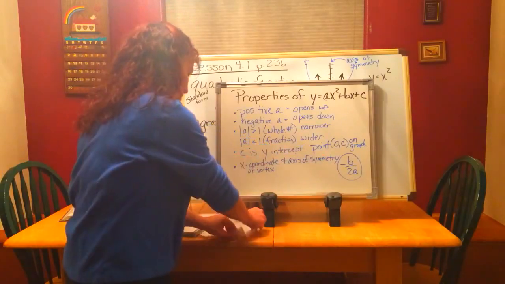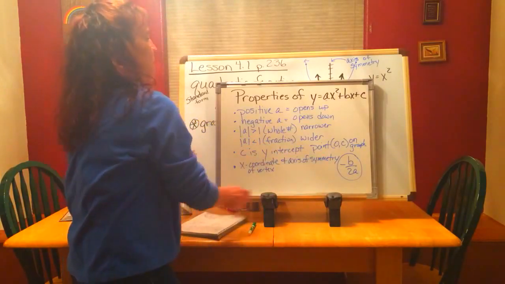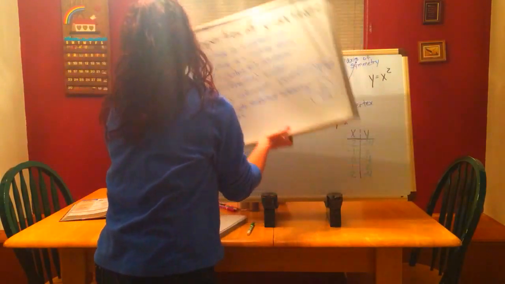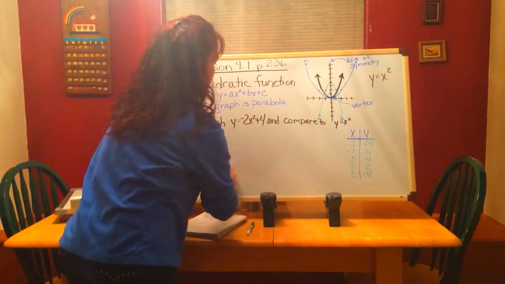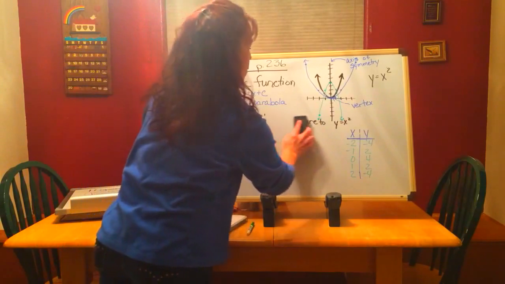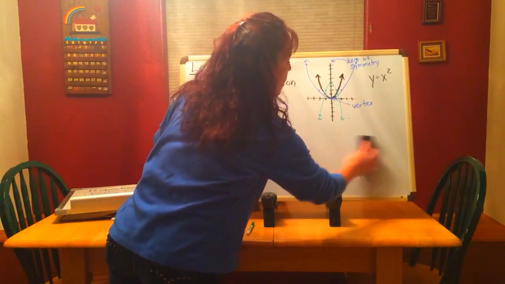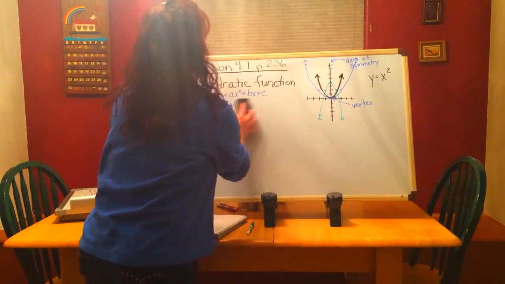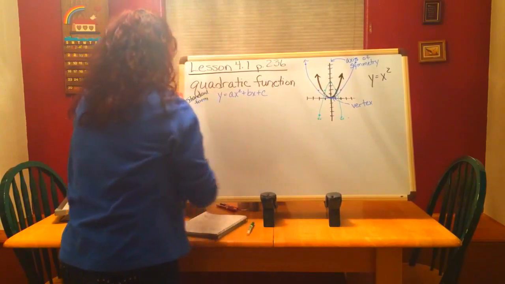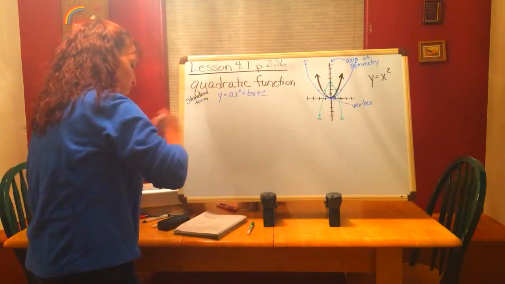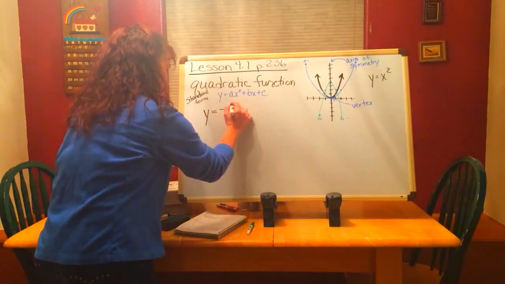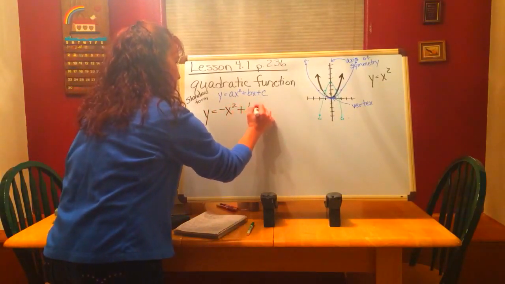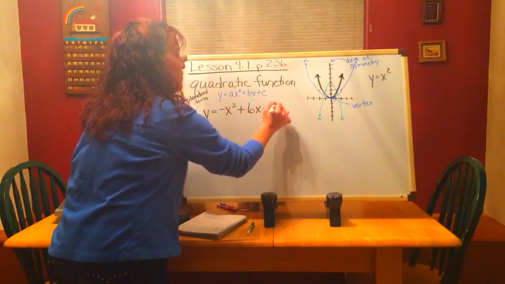So let's do one that has all three, and we'll use those properties this time. All right, so we'll start with y equals negative x squared plus 6x minus 8.